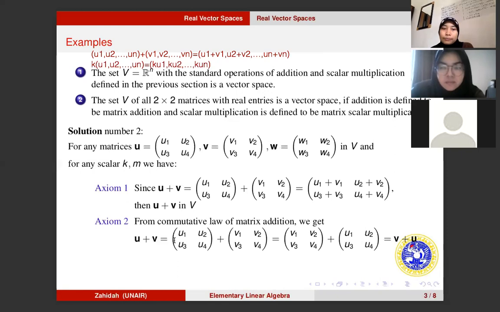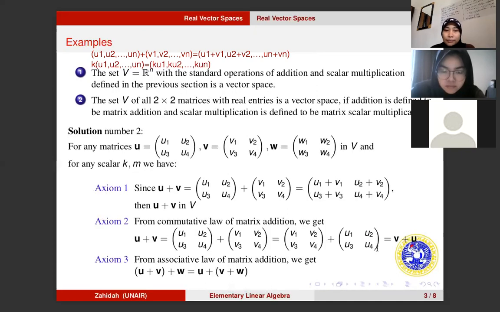U plus V, we get U here and V here, equals V plus U. And axiom 3, just recall the associative law of matrix addition, we get this. Is there any question up until here? No. The point is you have to memorize all of the axioms.